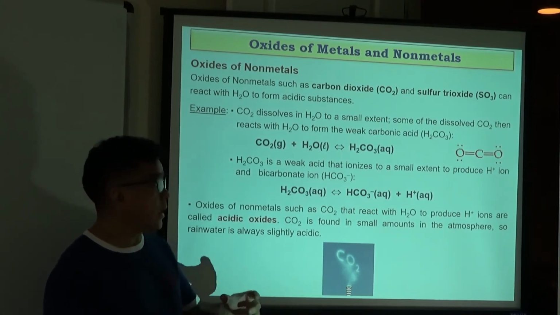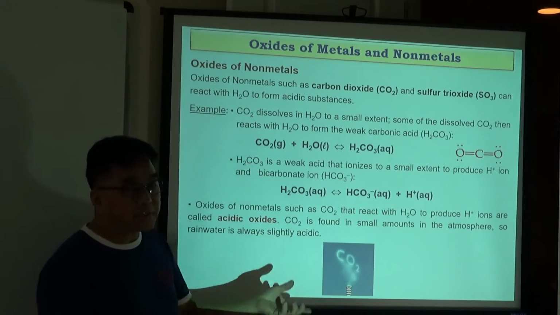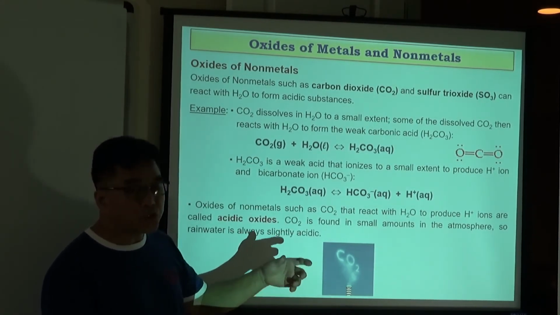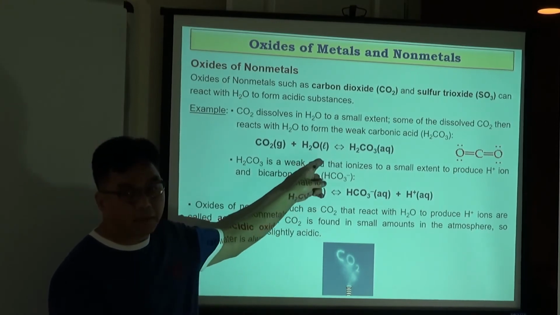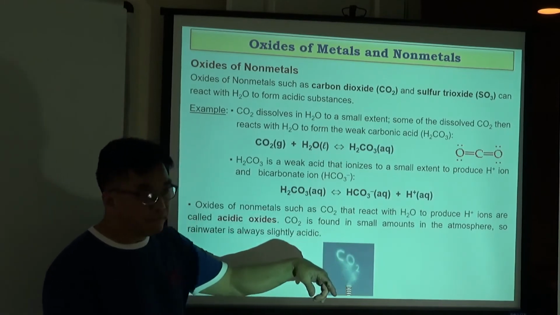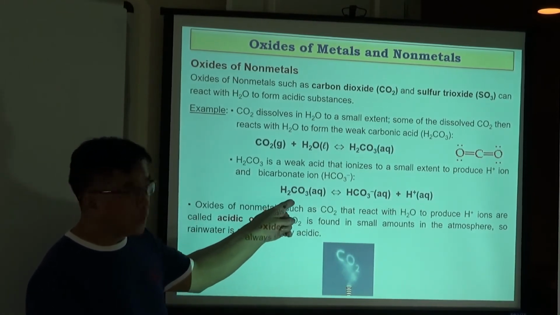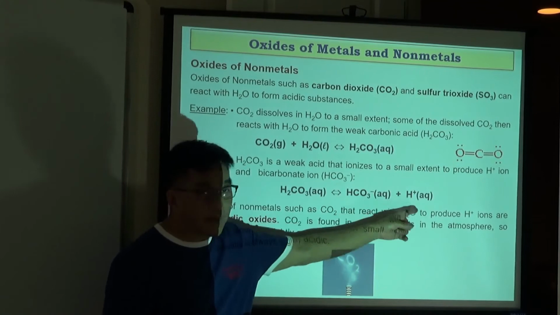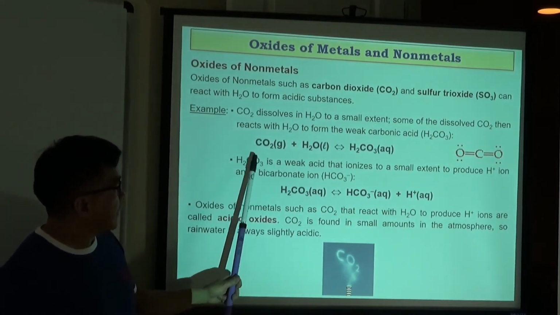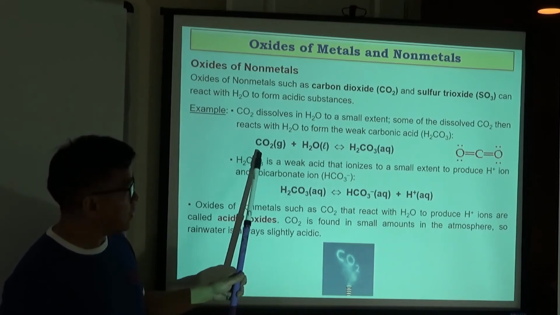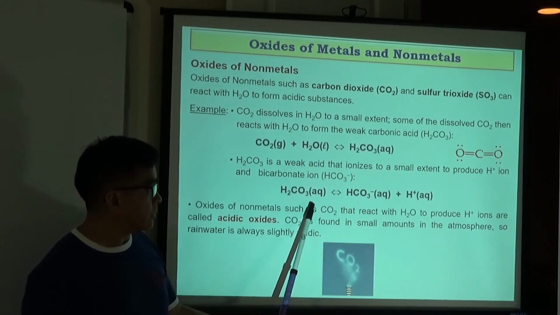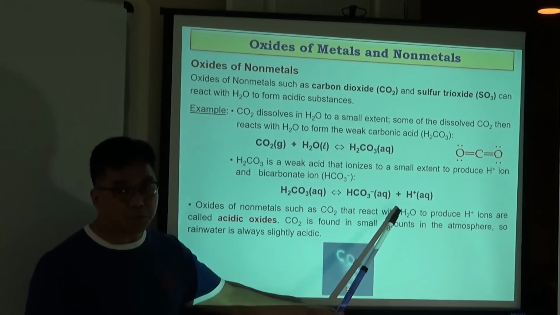The carbon dioxide rises in the atmosphere, where it can react with the moisture, the water in the air, to form carbonic acid. Carbonic acid is a weak acid; it dissociates to form hydrogen ions. So that's an example of an oxide of non-metal. When it dissolves in water or reacts with the water, it forms an acid solution.